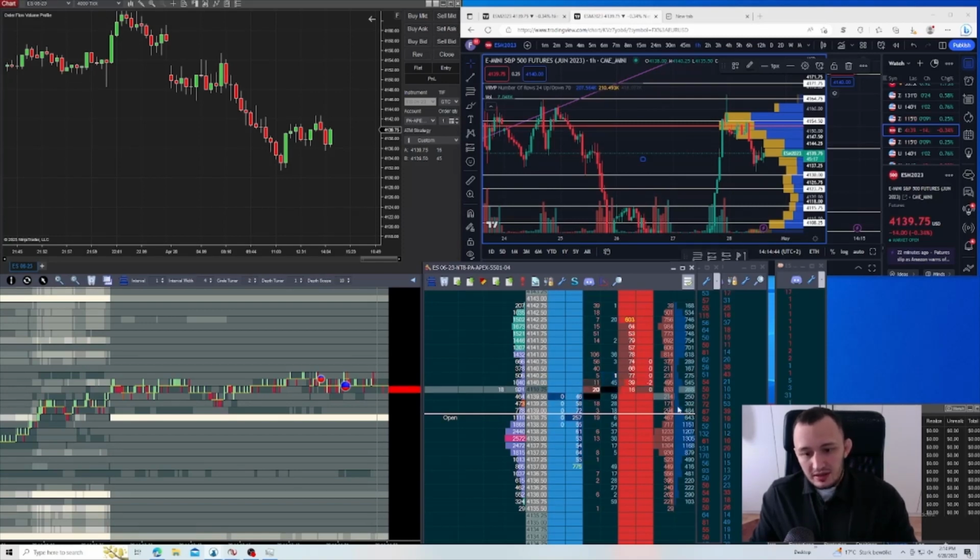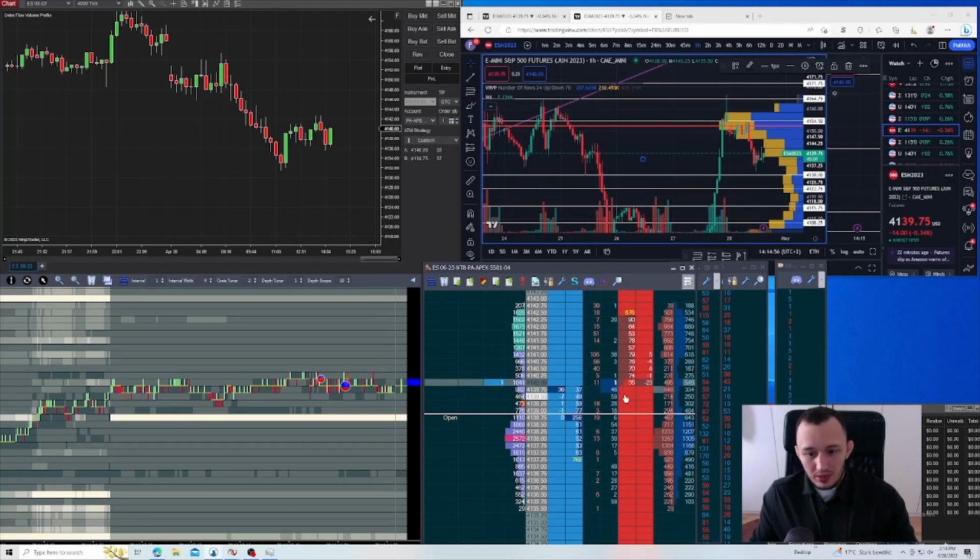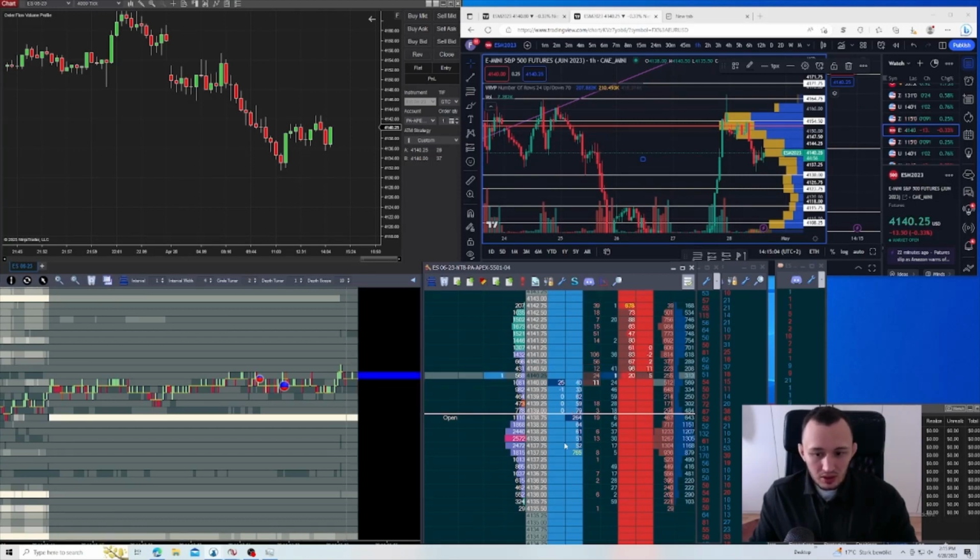So you don't want to see buyers aggressively buying here, because if it's too expensive, no one's going to market in. When you market in, you pay the spread, so you pay more than when you limit in. So when you're at the top of a bell curve, usually you don't want to market in, because you're going to get limit filled a little bit lower anyway.